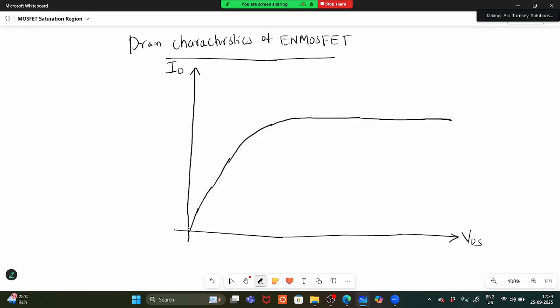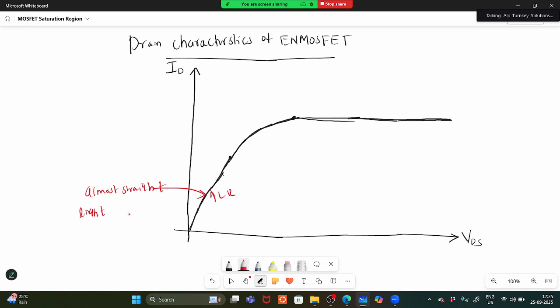From here to here this is linear. From here to here this is non-linear. And from here to here this is constant. So it is almost a straight line with slope proportional to VOV, the linear region, where the channel is acting as a resistor.